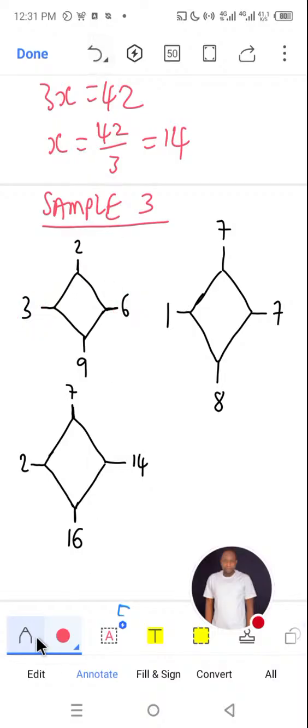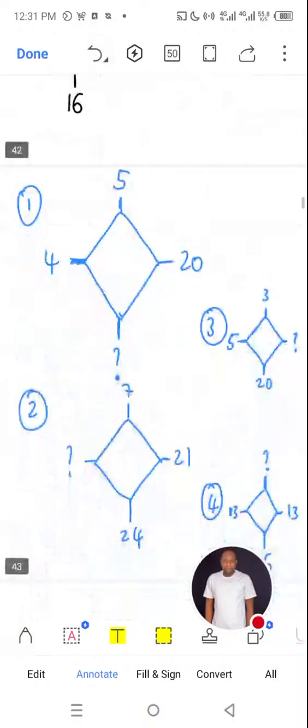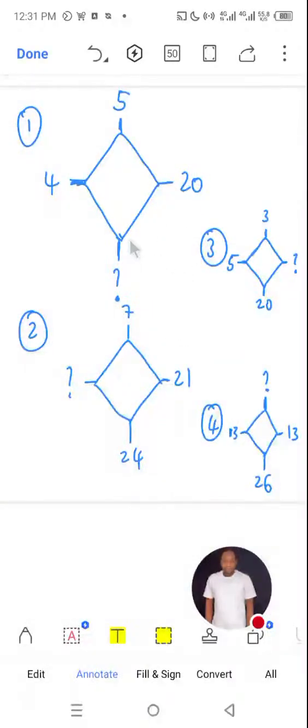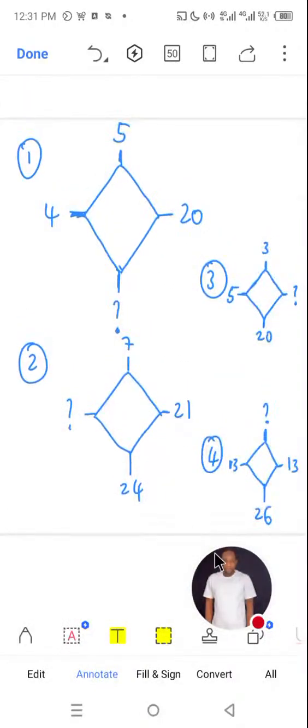So let's go. Now, who is going to help us out with these ones? We have 4 questions here. Let's start with the first one. Think through and give me the answer to the first one. What's the answer to number 1? Anybody in the chat?